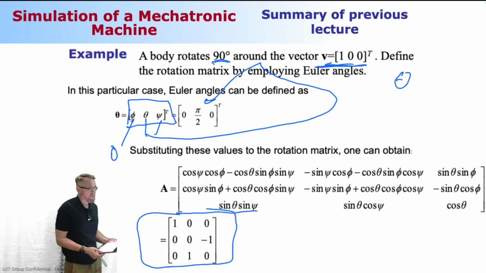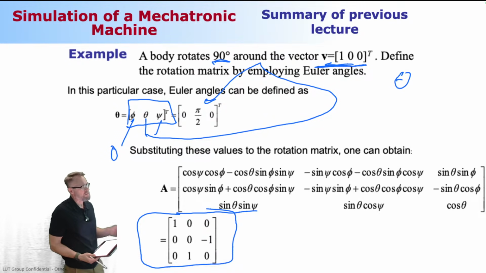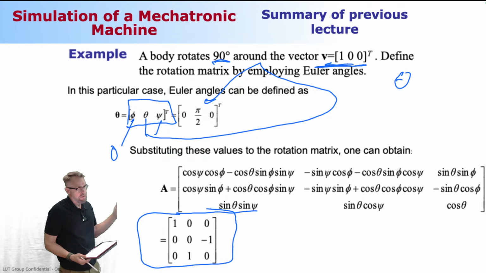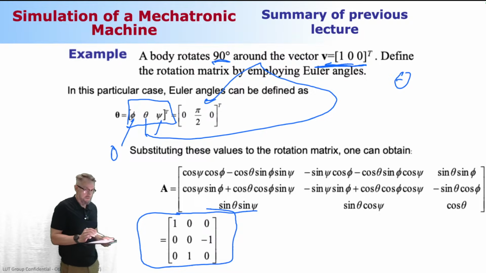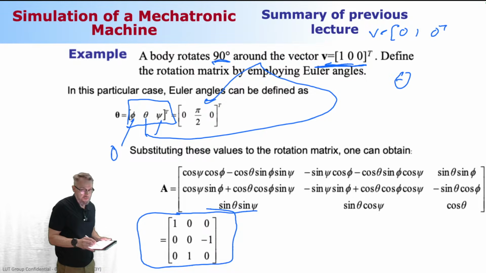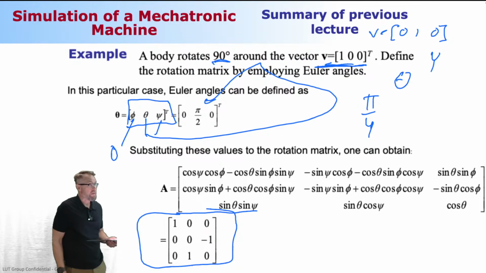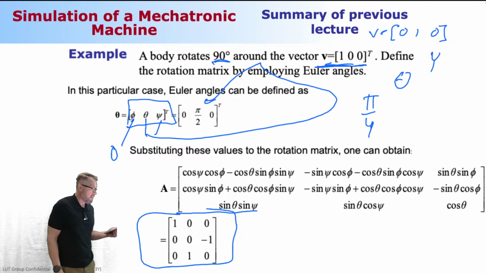Now they often ask questions like, oh yeah, but you cannot use this because you do not have a rotation around the y coordinate axis. So no one could use this method. Now if you would have a rotation around, say, the v vector would be 0, 1, 0, which is obviously the y coordinate axis. And let's say that the rotation would be pi divided by 4, 45 degrees.